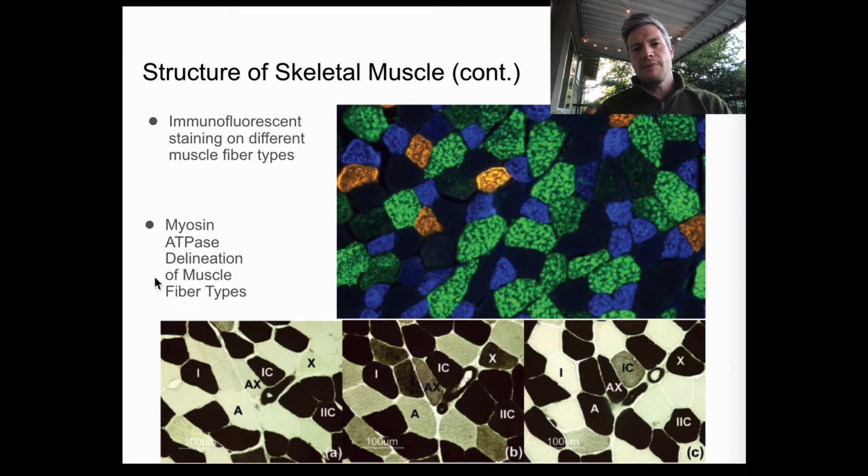Okay. So how do we know this? One of the ways that we came across this concept of muscle fiber types is through different imaging and stain type histology processes. This is a more modern version, immunofluorescent staining, and we can see in this cross section of a biopsy of a muscle cell.